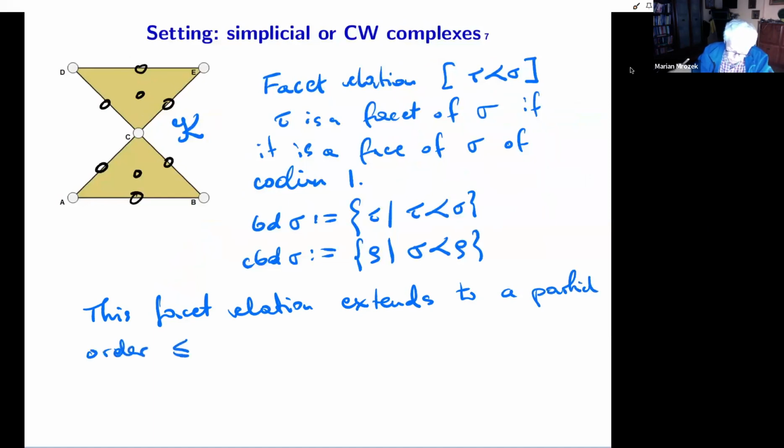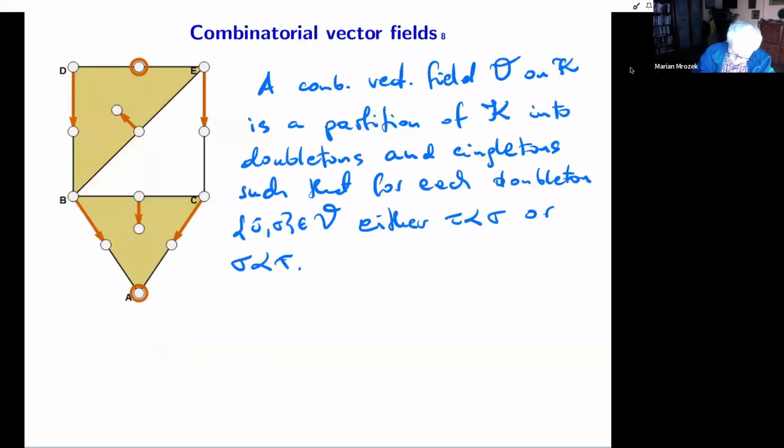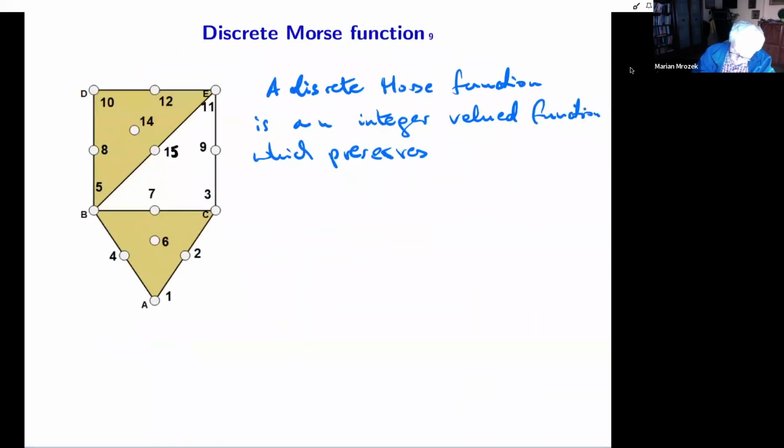So the face relation for a simplicial complex makes a partial order on this collection of simplices. So going back to this definition of discrete Morse function, which preserves the face relation, but with some exceptions.